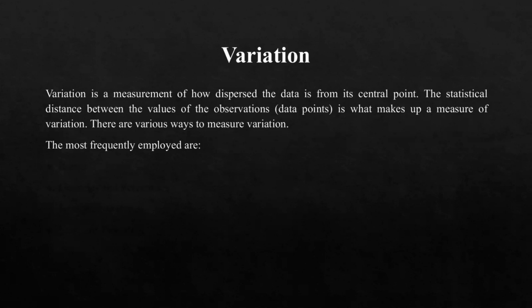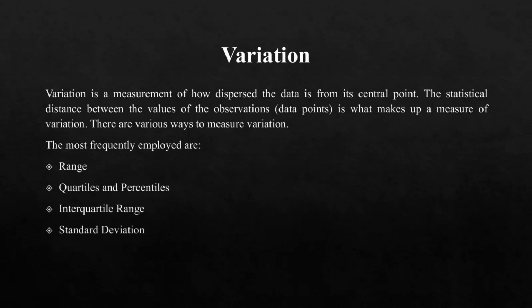The most frequently employed is to calculate or find out range, quartiles and percentiles, interquartile range, and then the standard deviation. We will see all of these things by making visualizations in the next outline of this course. So far, we will just use the functions.